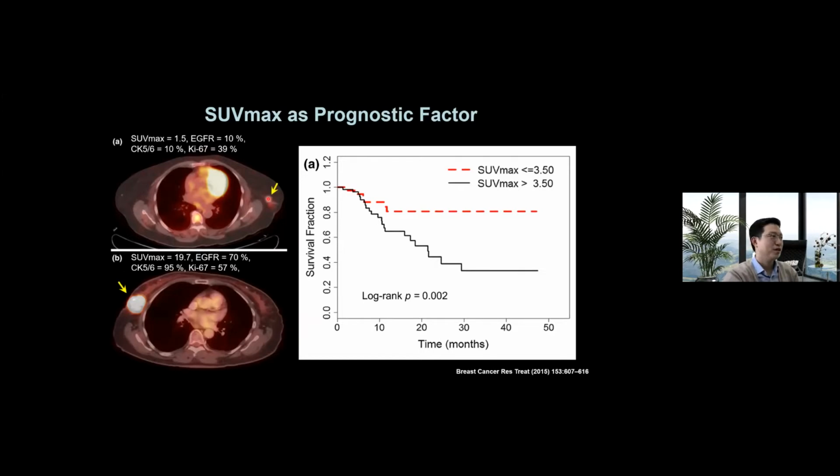I think that would be a clearer example to show that FDG PET parameters are useful as an independent prognostic factor in breast cancer, but this is what they showed. The Kaplan-Meier survival curve showed nice stratification according to the SUV max value. Higher SUV max shows worse prognosis, and lower SUV max shows good prognosis in these patients.